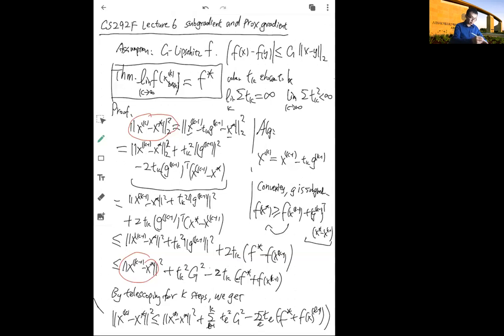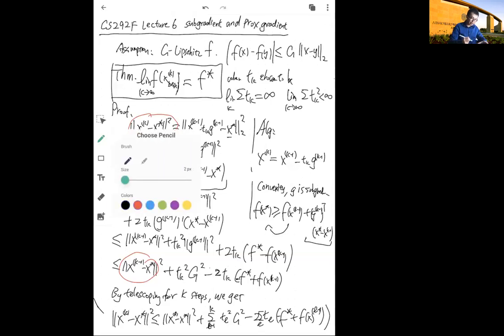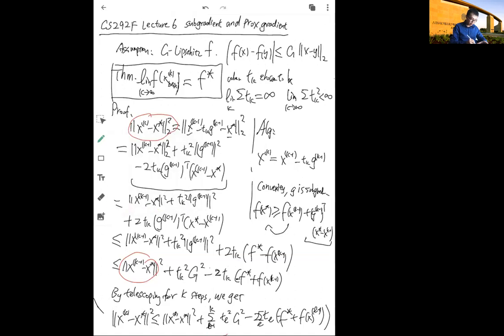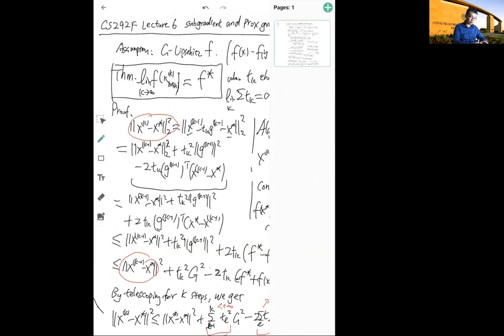Okay, so from this proof, it is very clear that the choice of t_k becomes important, because provided that the t_L are square summable, then we know that this term is finite. And provided that the t_L are not summable, then it means that this will go to infinity as k gets larger.